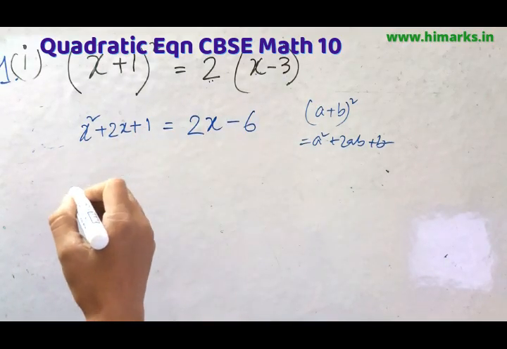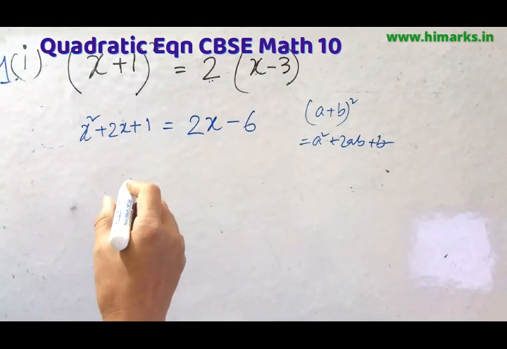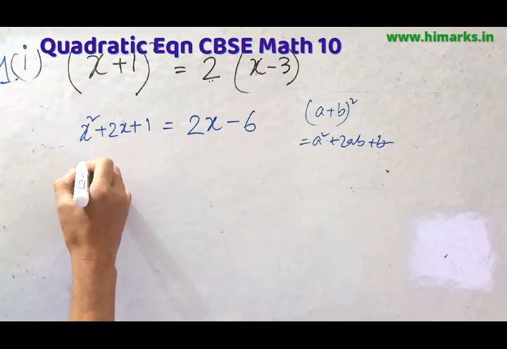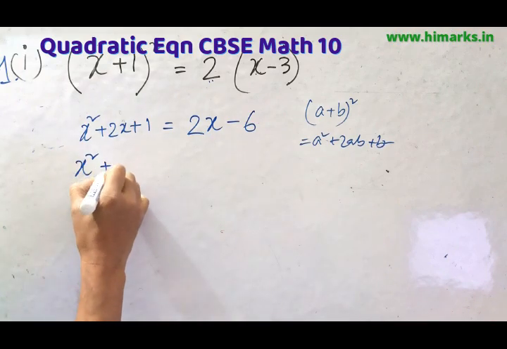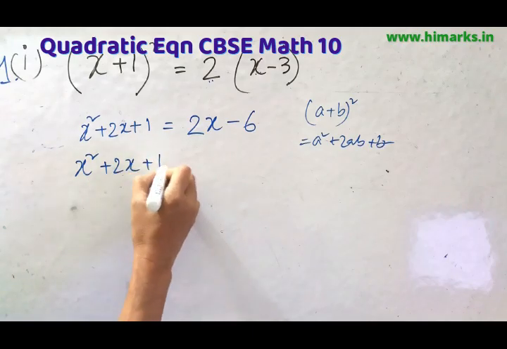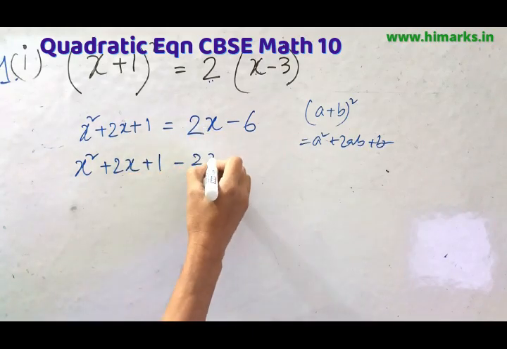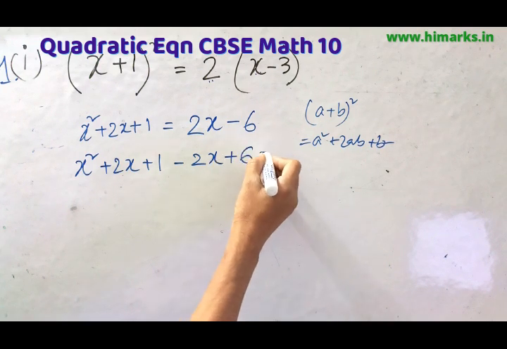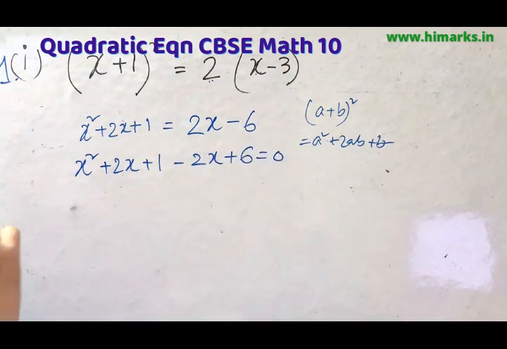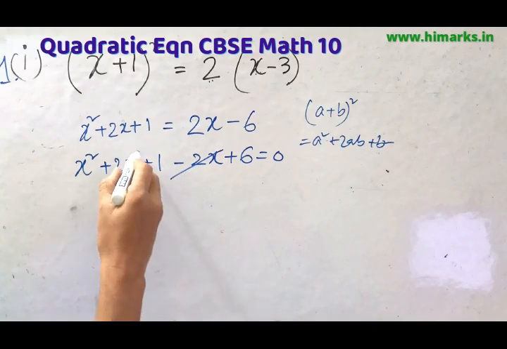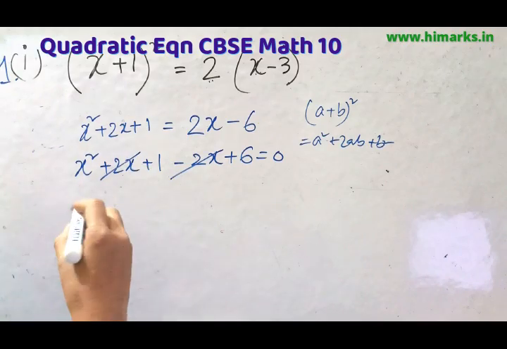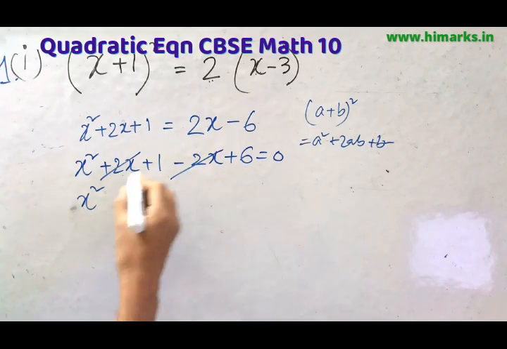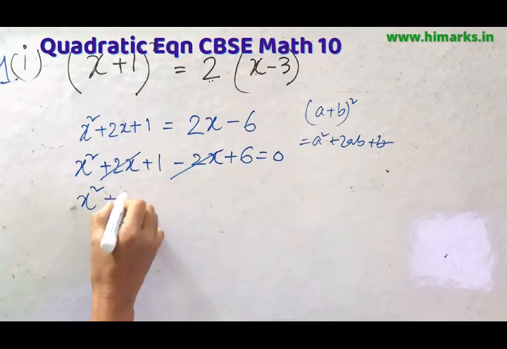Okay, now we'll bring all the terms to the same side. So x square plus 2x plus 1; 2x will come to this side with changed sign, and minus 6 will come to this side as plus 6, equal to 0. So this minus 2x and plus 2x get cancelled. So we get x square plus 7.